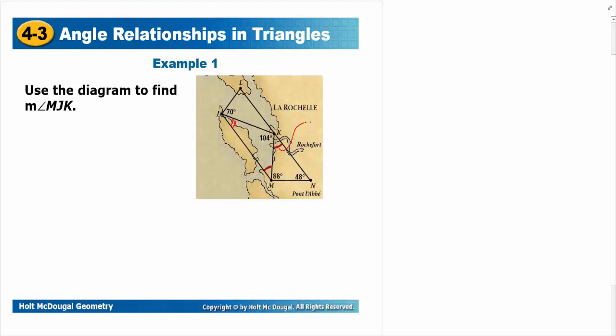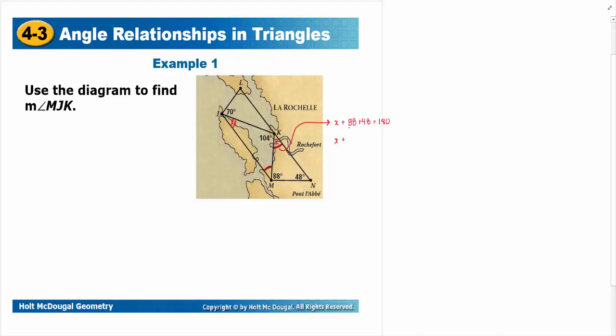So let's start over here actually, because I have two angles in triangle MNK. Let's call this angle X. If I took X and added 88 and 48, because of the triangle angle sum theorem, I know that would add up to 180 degrees. And that's how we're going to use that theorem to help us solve this problem. So let's figure out what X is. X plus 88, so 9, 10, 11, 12, now I'm at 128.